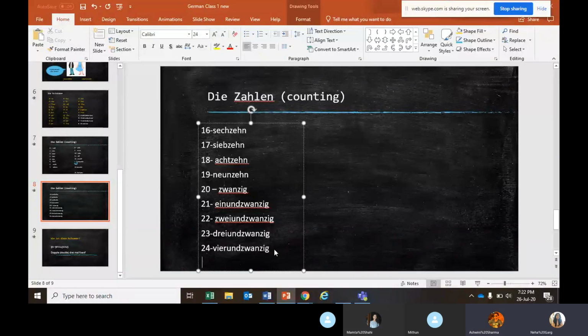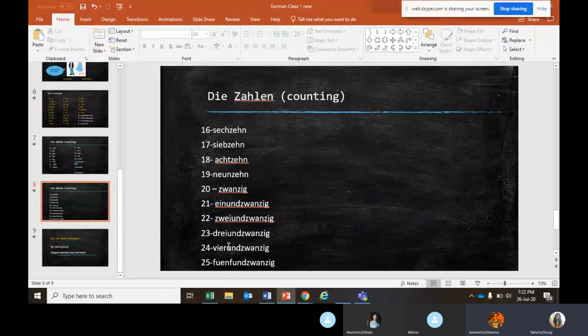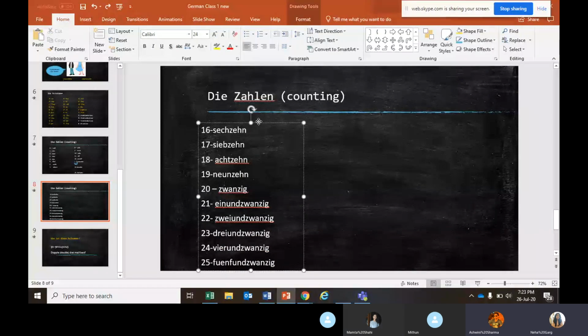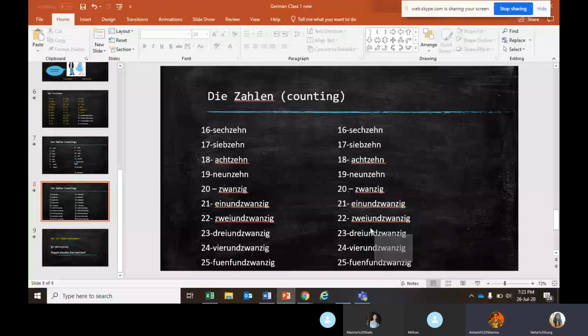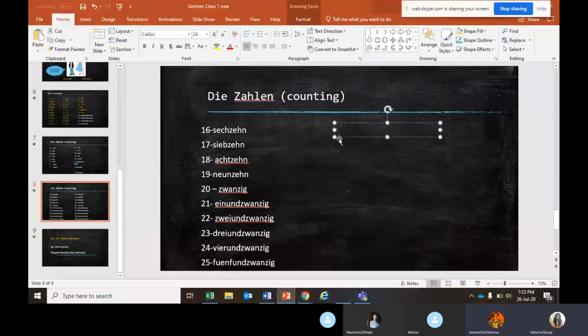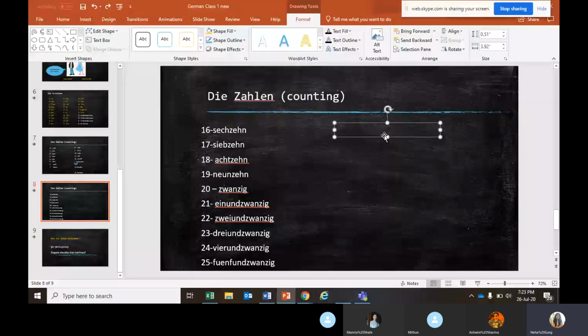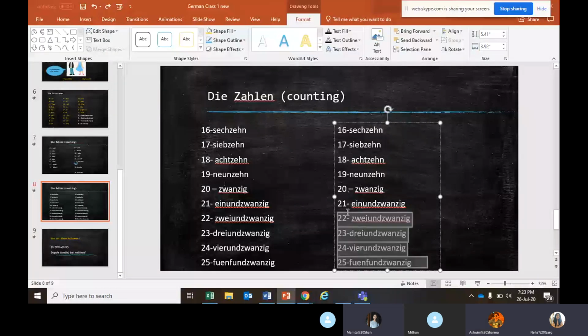So now let me write it to make it clear. 25 would be fünf, write it with an umlaut in your copy. So similarly, 26 would be 6 und 20.